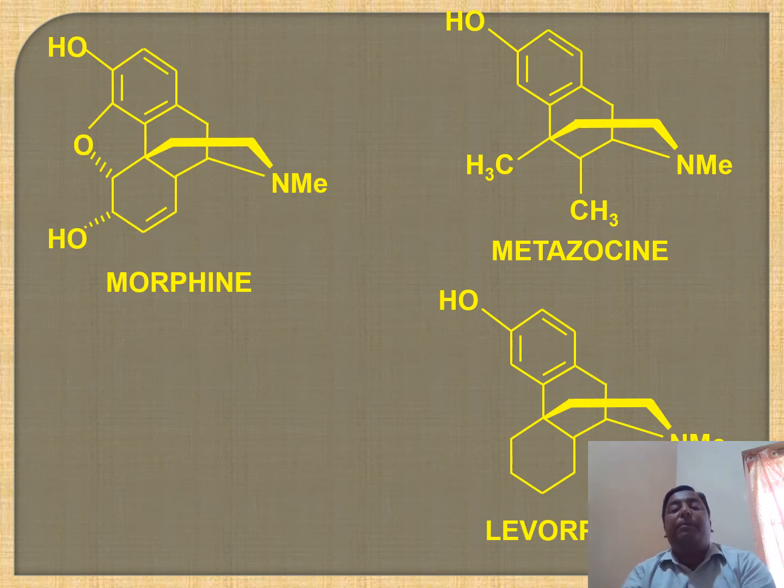So similar compounds are there, similar to morphine. Two other compounds are there: one is called metazocine, another is called levorphanol. These compounds are known compounds available in the markets.